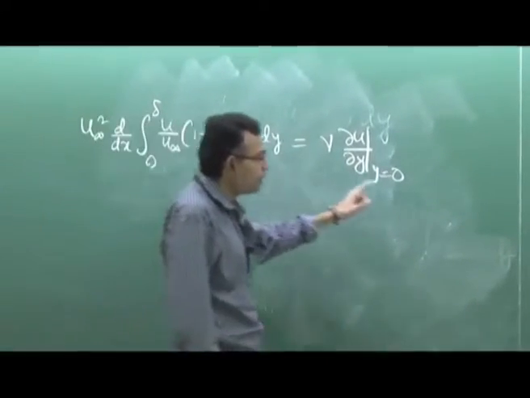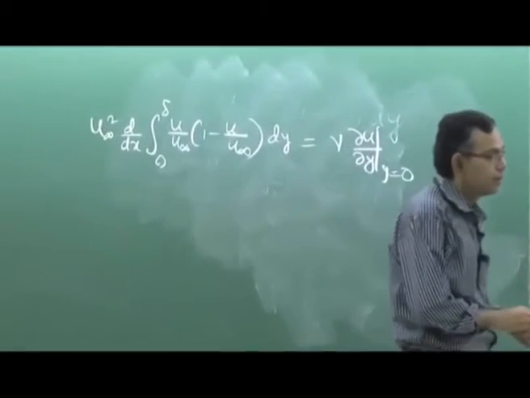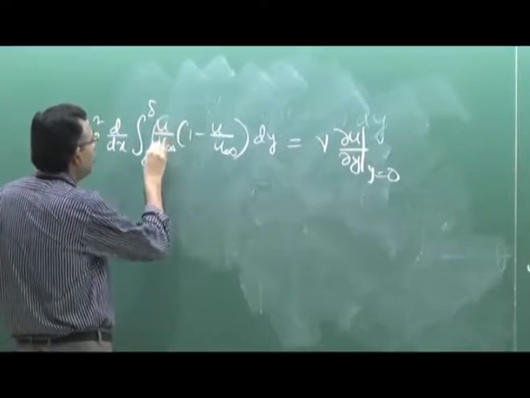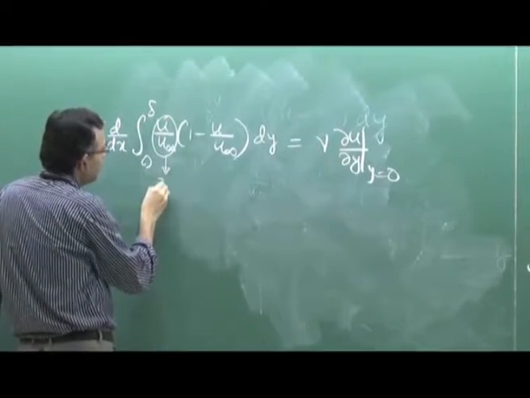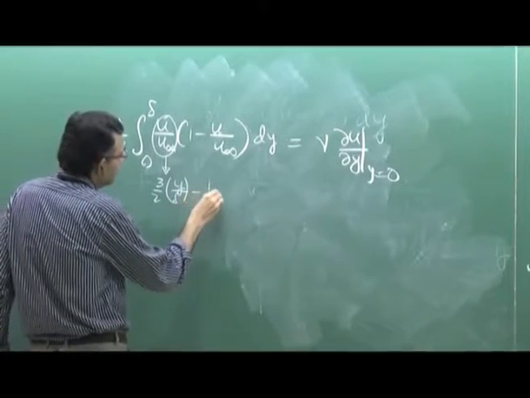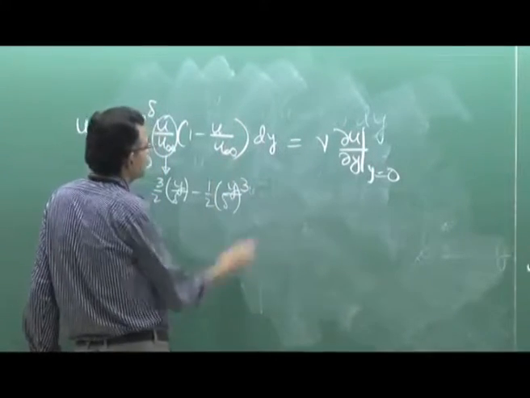Because I have swapped the terms, this minus has become plus. So now you write u by u infinity is 3 by 2 y by delta minus half y by delta whole cube, that velocity profile.